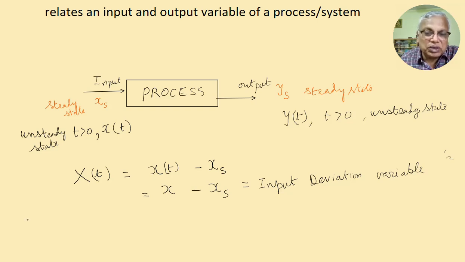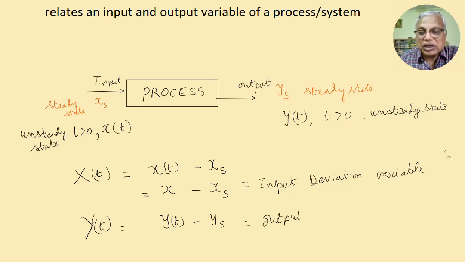Similarly, for the output, let me define capital Y as y of t minus ys. This is the output deviation variable, the deviation of the output variable from its steady state value.